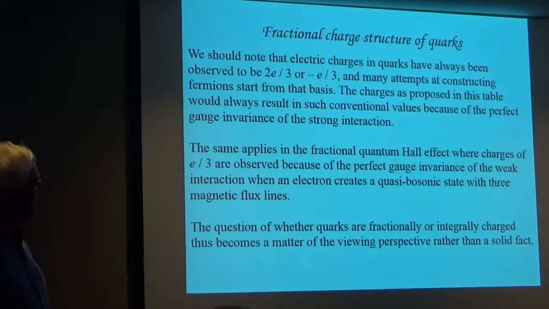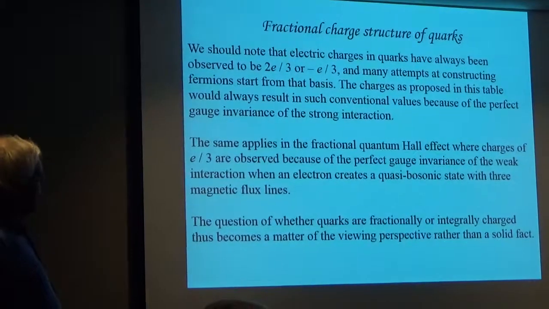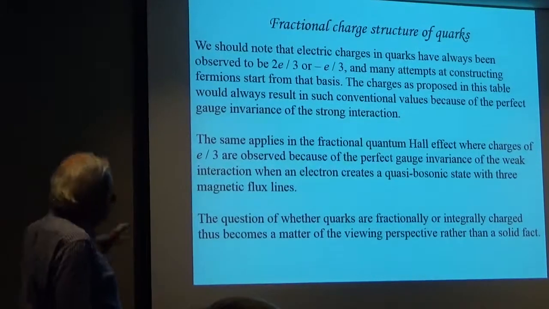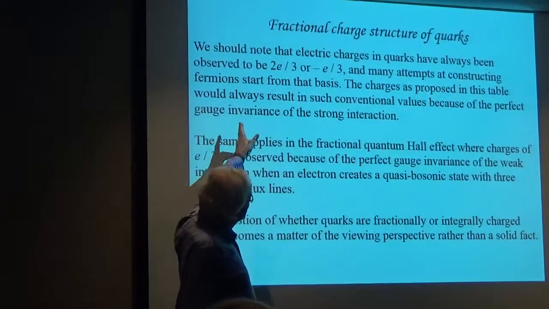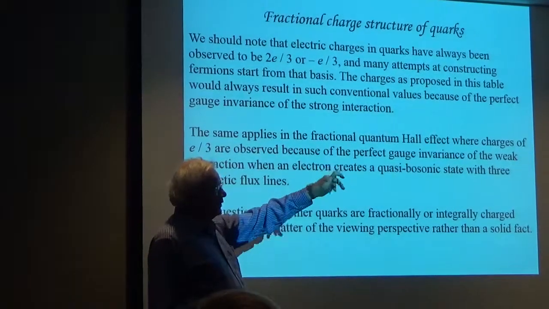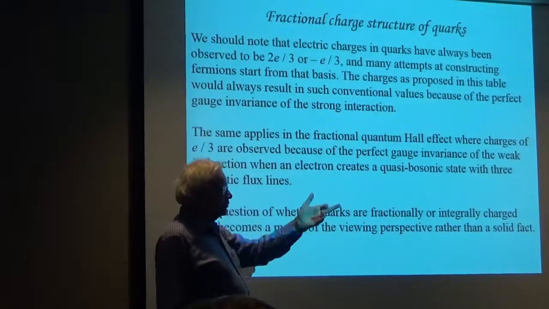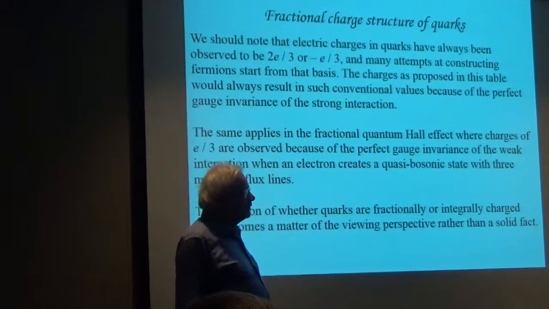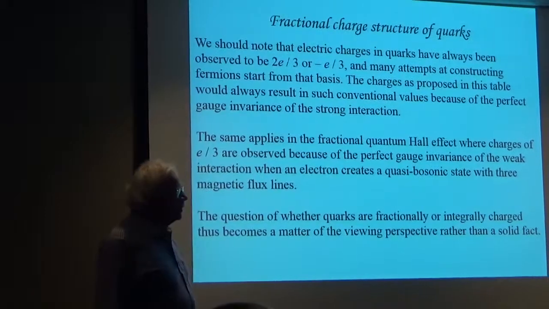What I'm pointing out here is that in the first instance, I don't use fractional charges for quarks. And I say that the reason why we see fractional charges is because we've got perfect gauge invariance for the strong interaction. We don't see fractional charges. No. That's just an interpretation. You can't measure it. Right, okay.